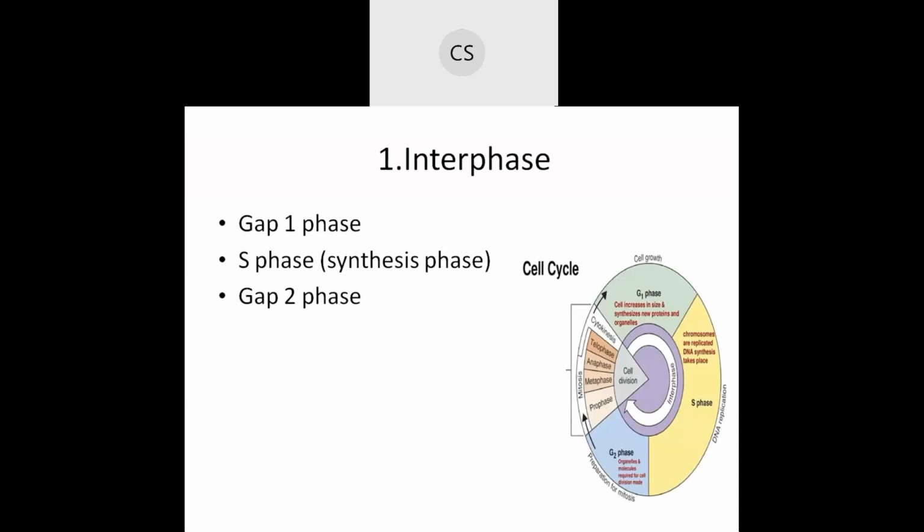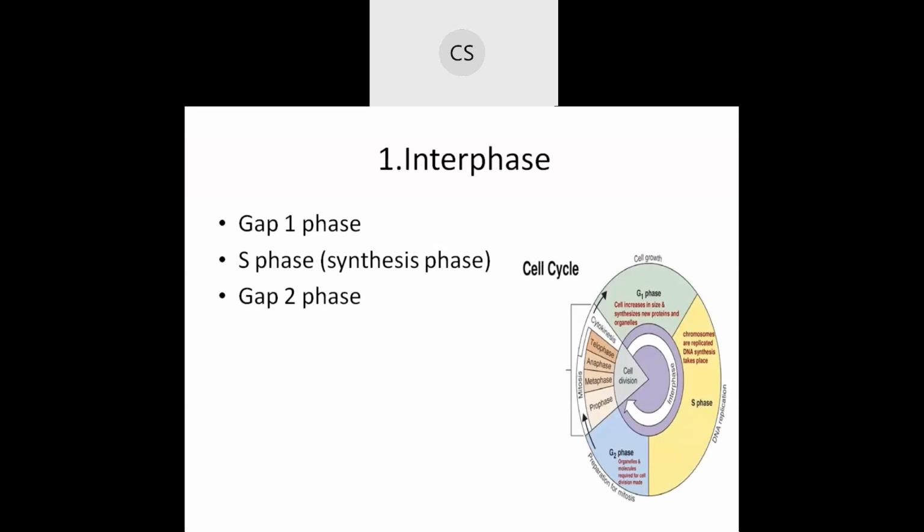During interphase, the cell prepares itself for division. This means that cells engage in growth and metabolic activities. This phase is further divided into three phases: G1 or gap 1 phase, S phase or synthesis phase, and G2 or gap 2 phase. Let us now look at these phases one by one.